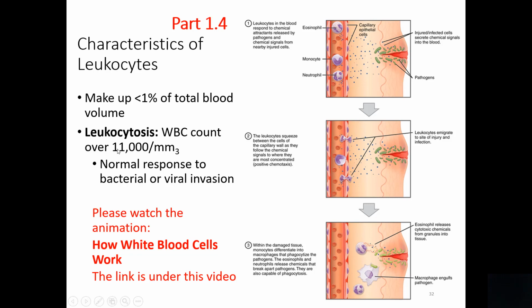If there are 11,000 or more of them, that condition is called leukocytosis, and it's a normal response to bacterial or viral infection. On average, they make up less than 1% of total blood volume.